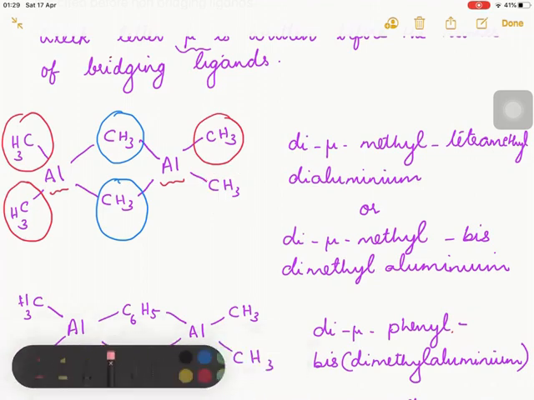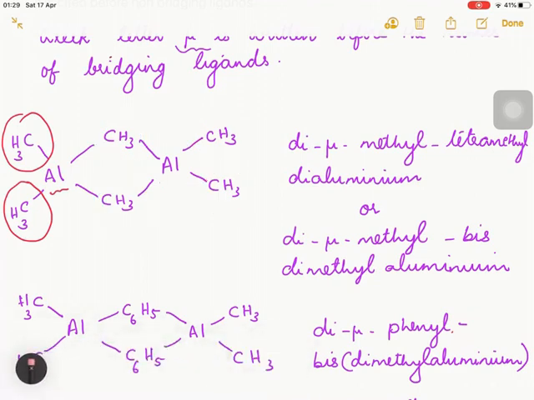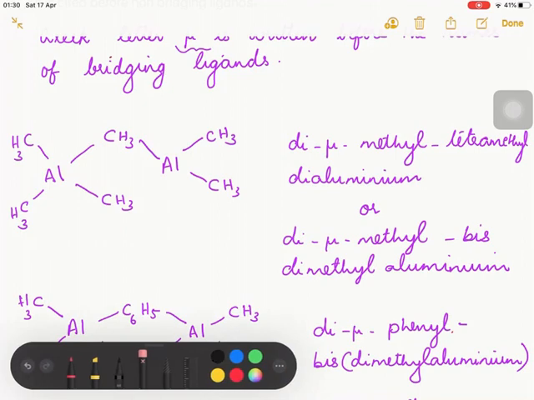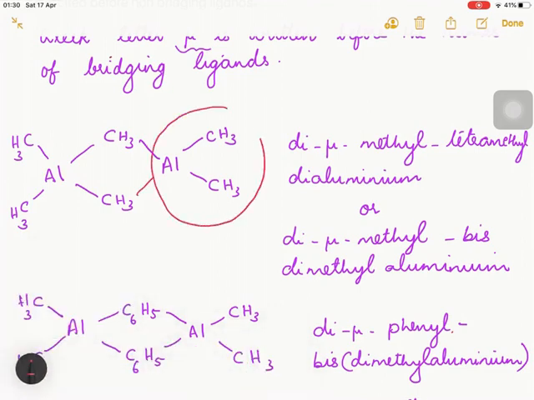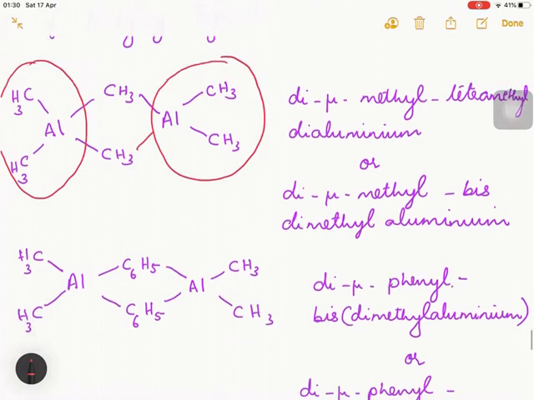Or it can also be named as di-mu-methyl bis(dimethylaluminium), because two methyl groups act as bridging ligands and two similar dimethylaluminium groups are present in this complex.